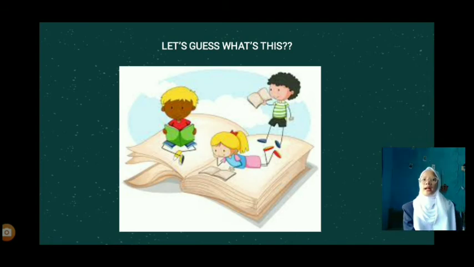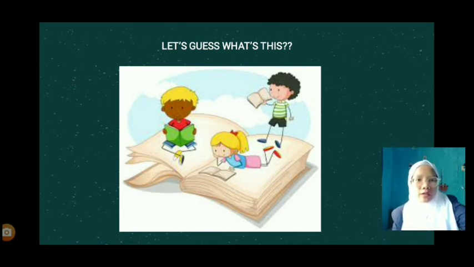So first let's guess what this is. Can you guess it? What is it? Okay, just keep your answer in your mind. So let's go to the next stage about this picture.